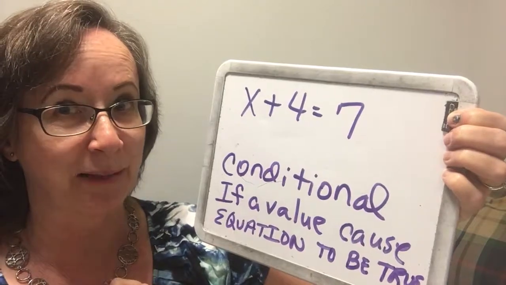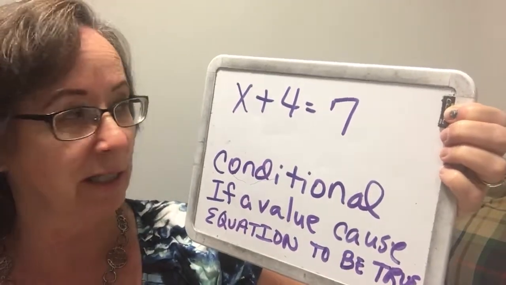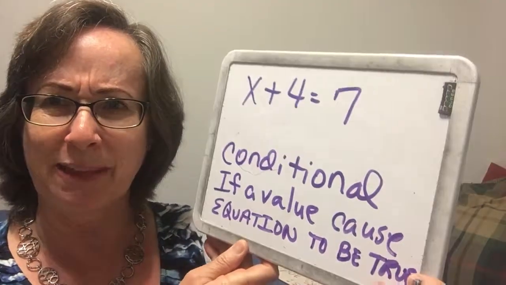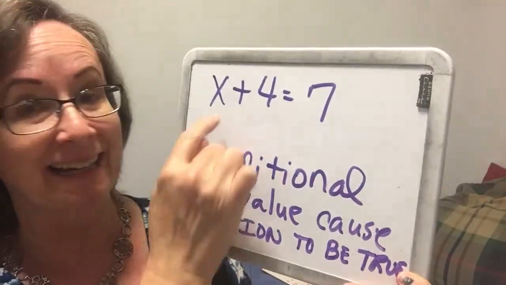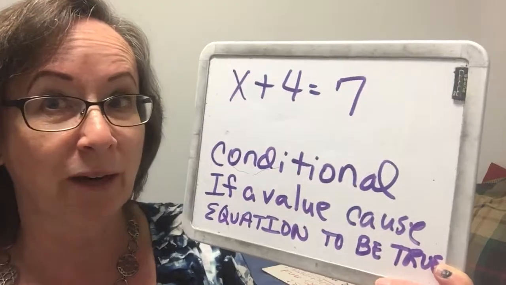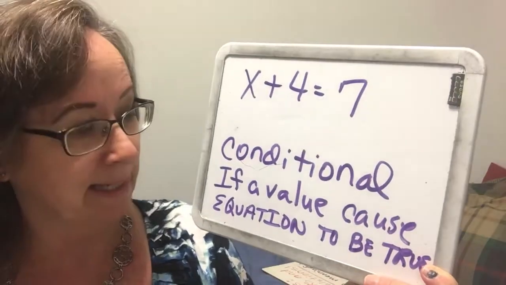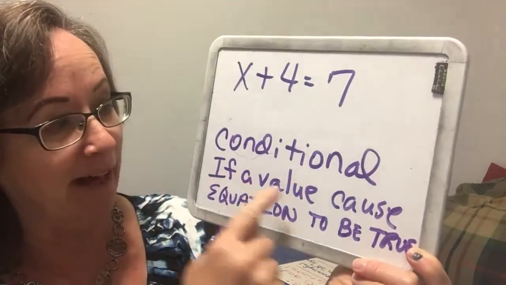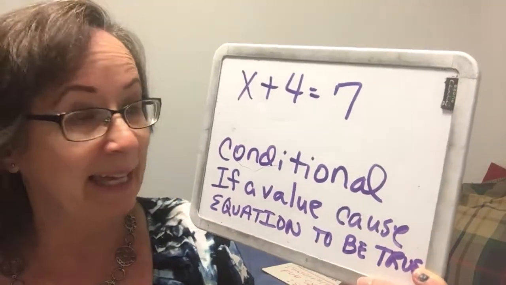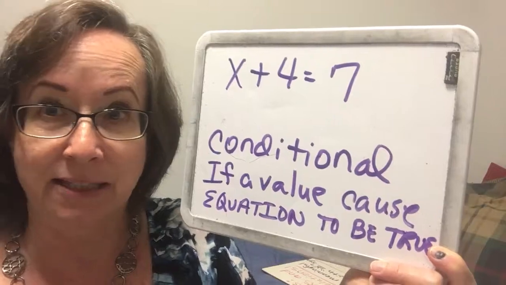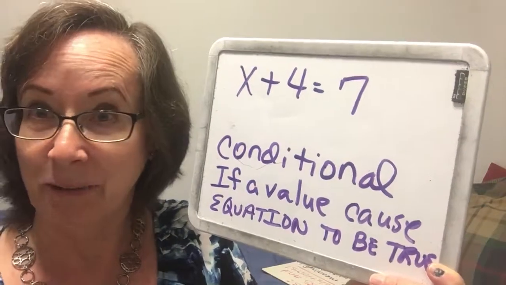And the number that replaces it will be called the solution. But if we replace it with something that's false, then it would be a false equation. But right now, it's a conditional equation because we don't know what x is. If a value causes the equation to be true, then we call that value a solution to the equation.